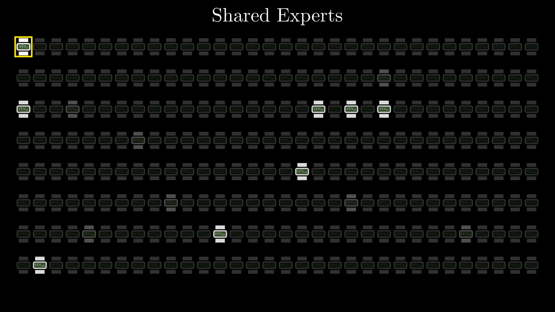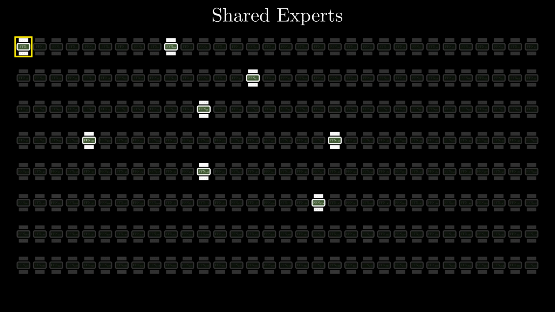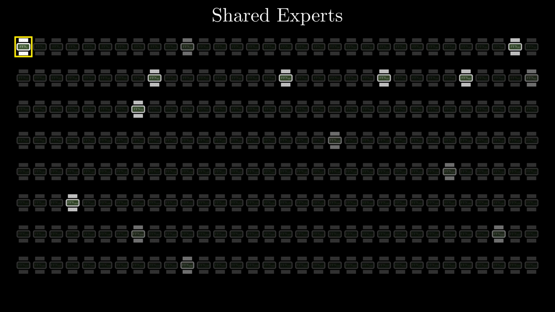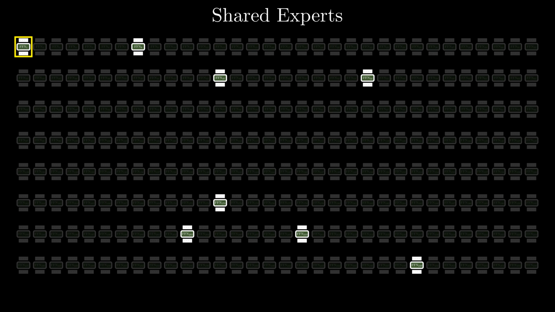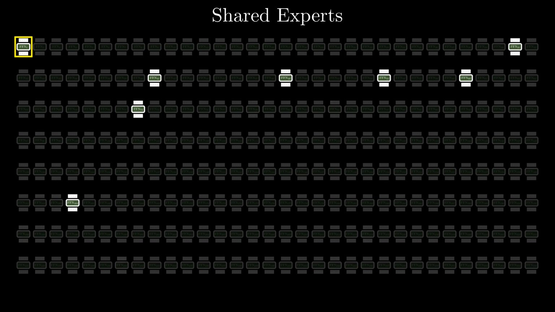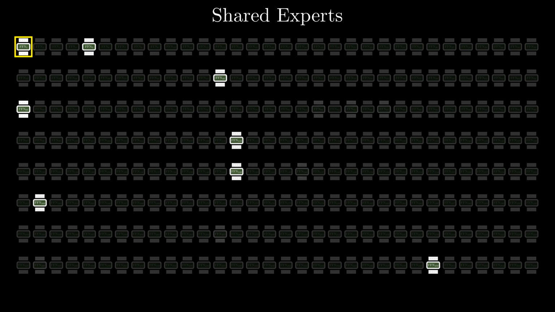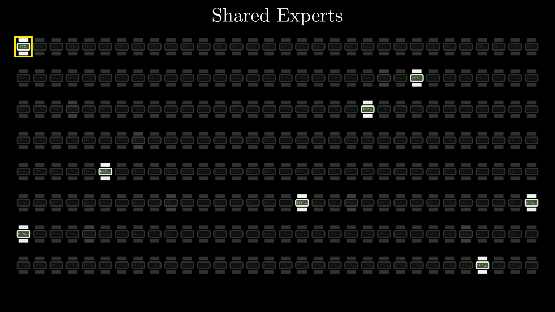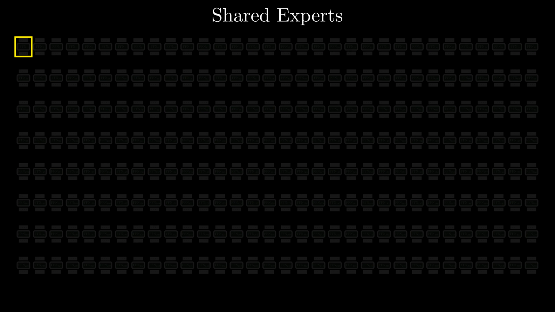The inclusion of a shared expert ensures that every token has access to both general-purpose and specialized experts at the same time. This design encourages the shared expert to learn broad, common information that benefits all inputs, while allowing the routed specialists to focus on learning more specific or nuanced patterns.